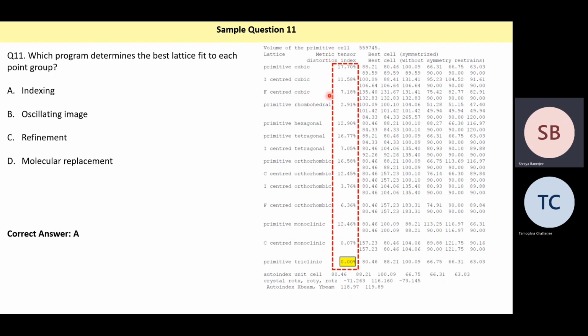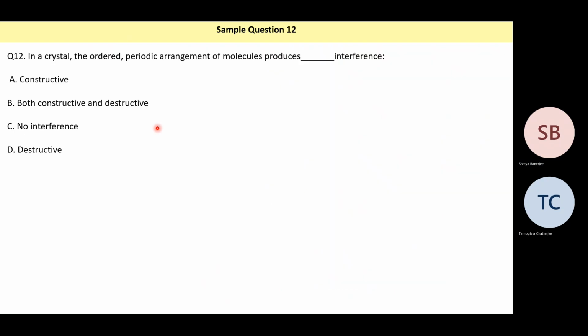So this particular crystal structure is primitive triclinic and so the deviation is 0. So if you look at the column for the deviation, you can find out which has the deviation 0, and that is the crystal structure that is coming from your diffraction pattern. And this program is called indexing.